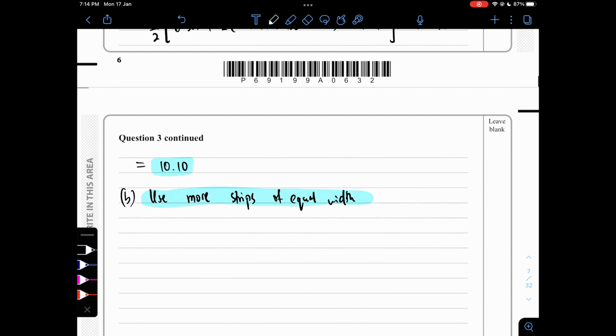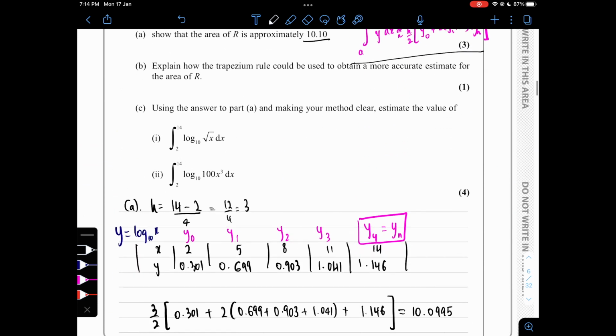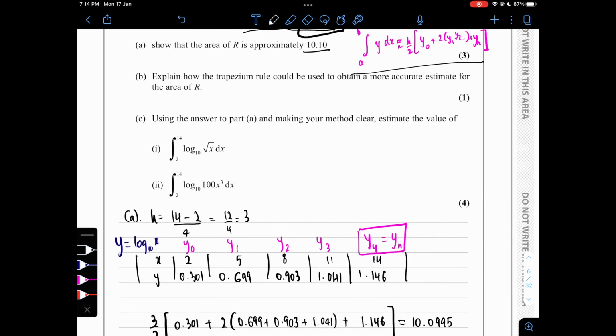So now we have C part I. Using the answer to part A, making your method clear, estimate the value of the integral, same limits, 14 and 2, of log base 10 of root x. Now we need to do a little bit of rearranging.